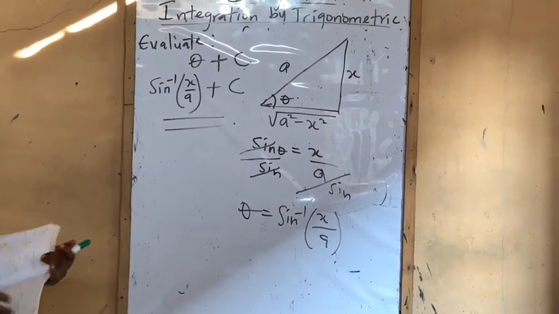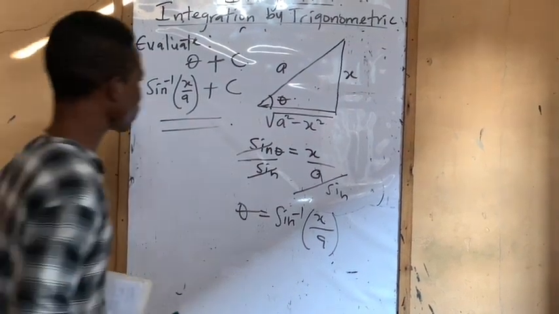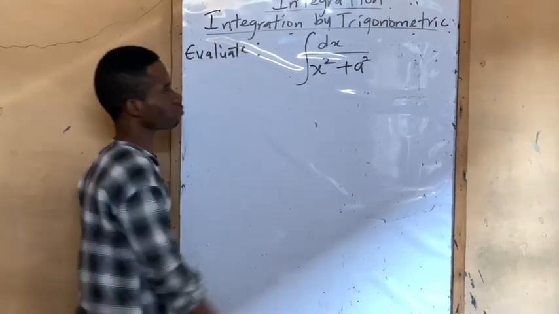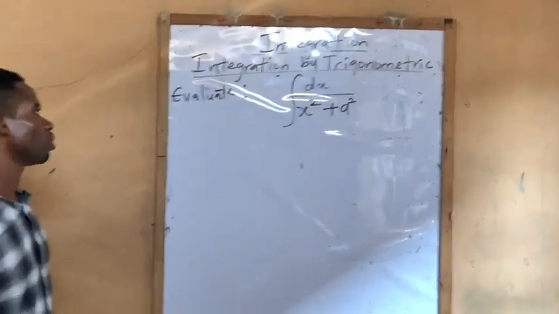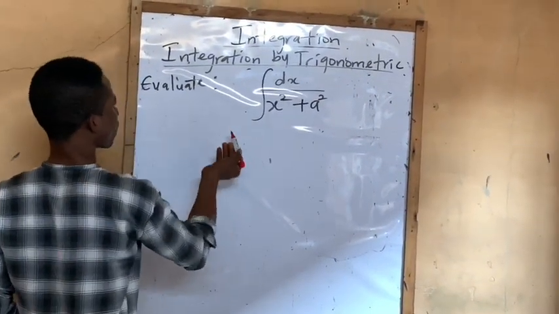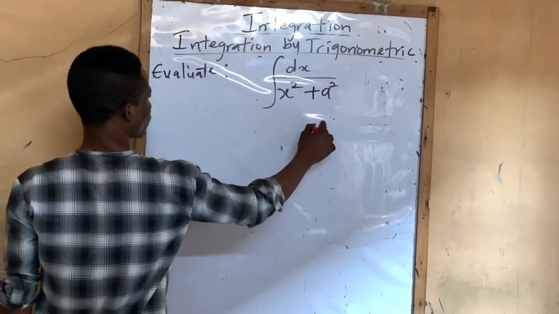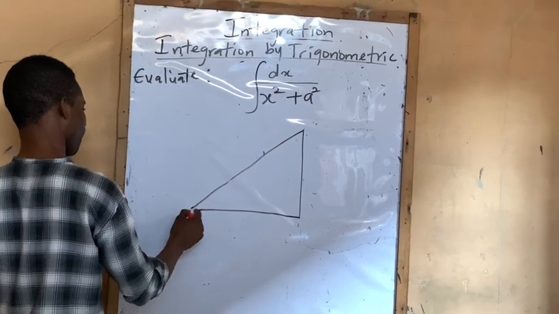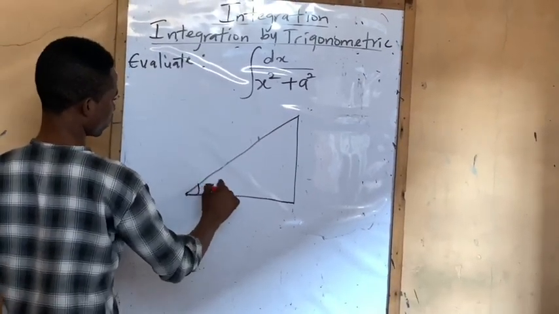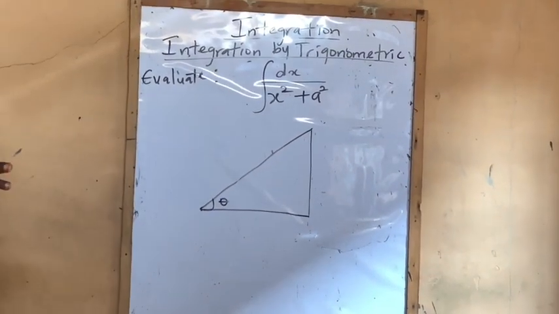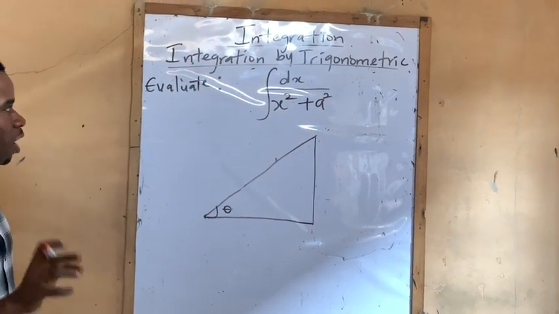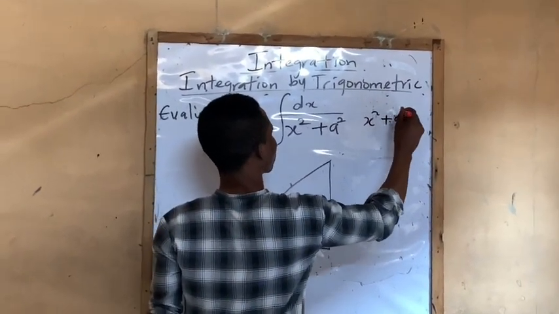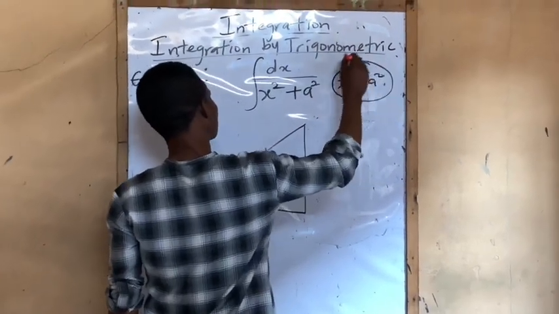Now, the number 3 example there. When you have a case like this, what do we do? Draw your right angle triangle here, with theta here. If you observe, you will see that this is x squared plus a squared. Automatically, this will be the hypotenuse.